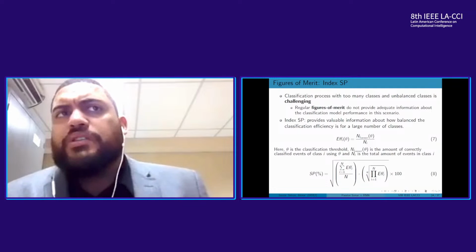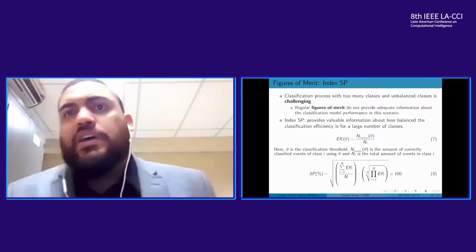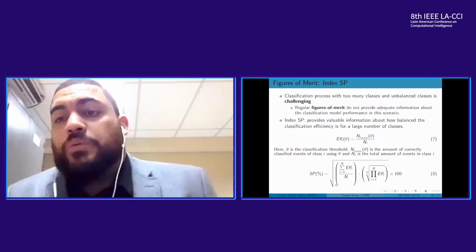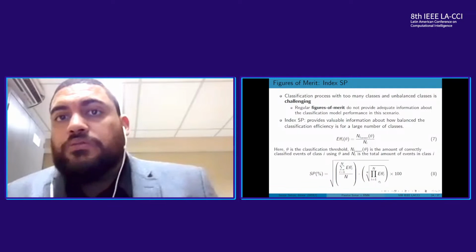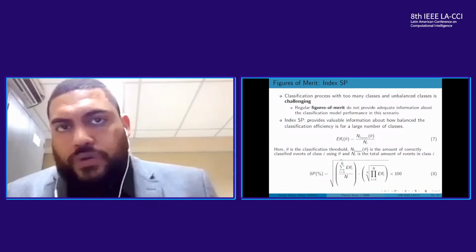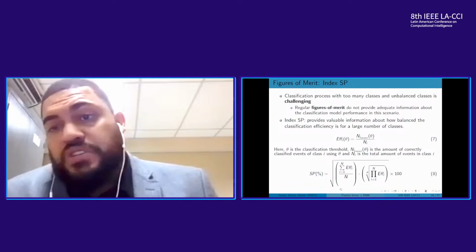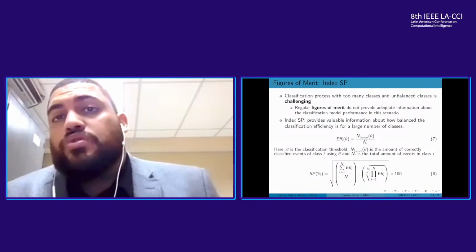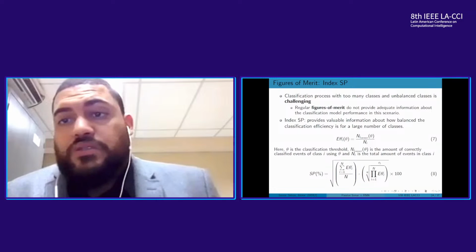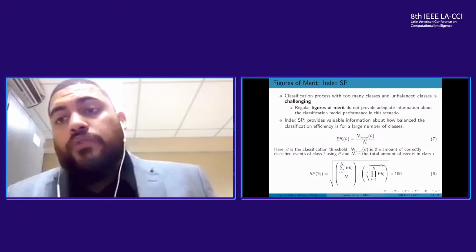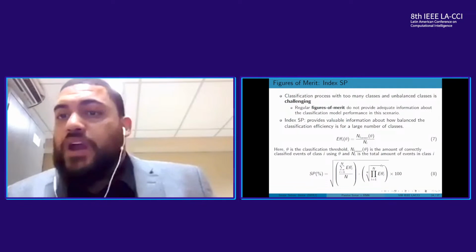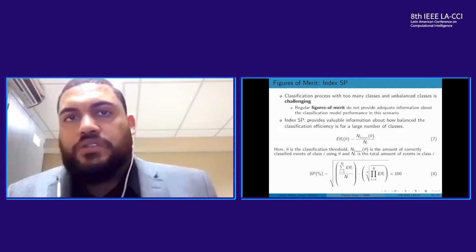So we implemented this SP index, which is the geometric mean put together with the arithmetic mean. Here we have the accuracy itself, but we also implemented the geometric mean of the efficiency, the square root of this. So as you can see, we are a little bit more sensitive to the crash of one class in a specific way.